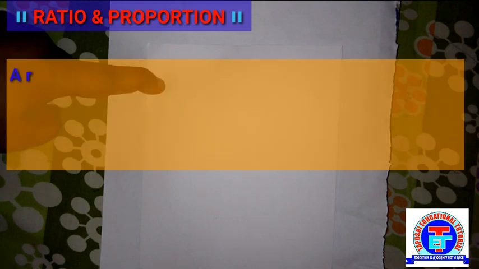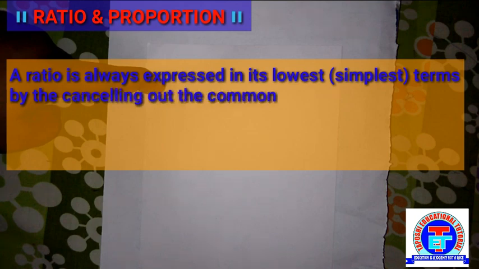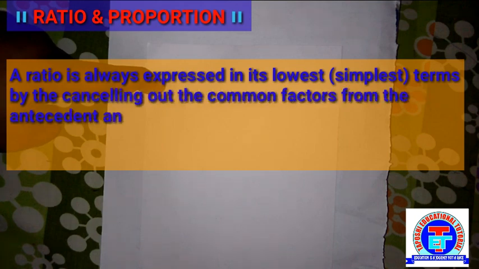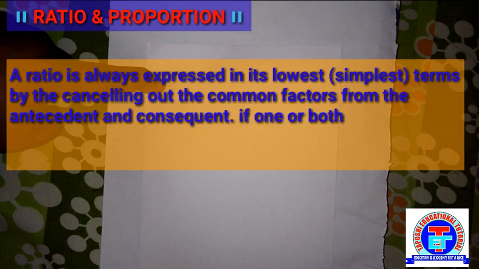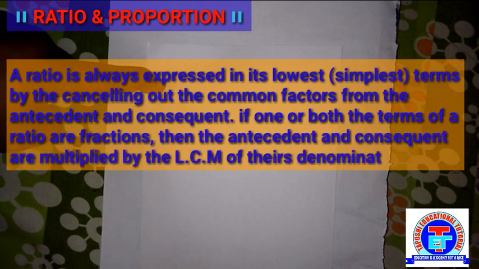A ratio is always expressed in its lowest or simplest terms by cancelling out the common factors from the antecedent and consequent. If one or both of the terms of a ratio are fractions, then the antecedent and the consequent are multiplied by the LCM of their denominators.